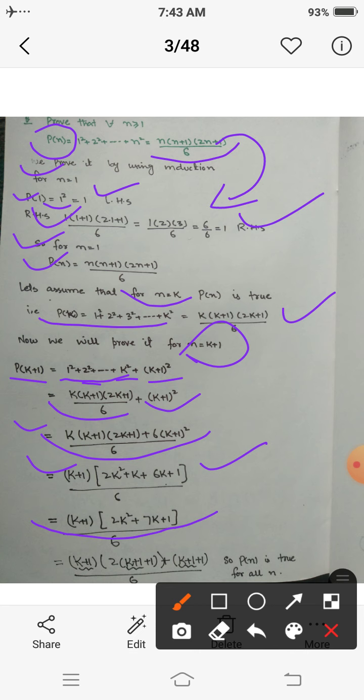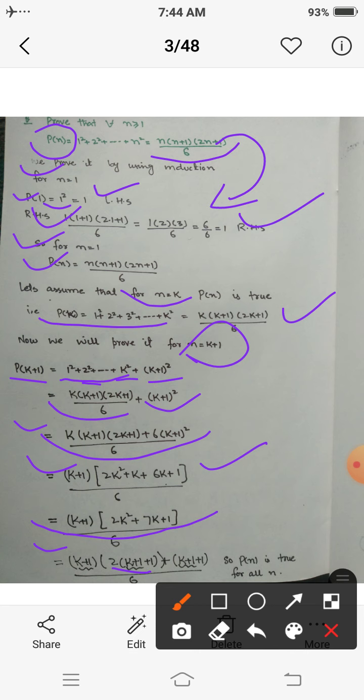Now this is a quadratic expression. You can factorize this, and after factorizing, it is simply k plus 2 into 2k plus 3. Now 2k plus 3 can be written as 2 into k plus 1 plus 1. Now for p of n, the statement is n into n plus 1 into 2n plus 1 upon 6.